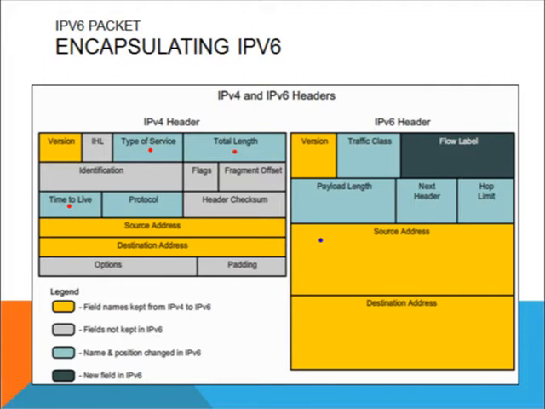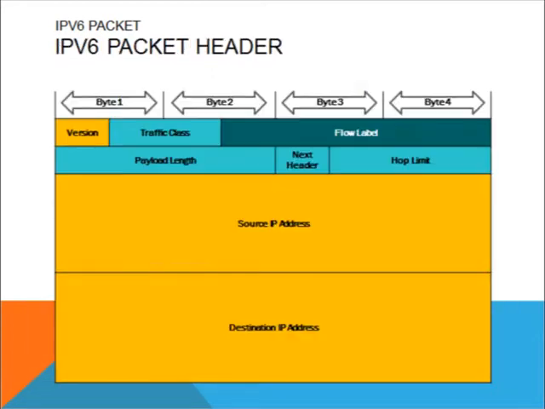It only consists of a few fields, mainly for the source and destination addresses. If we take a look in detail, the IPv6 header consists of the version number, the traffic class, the payload length, and so on.